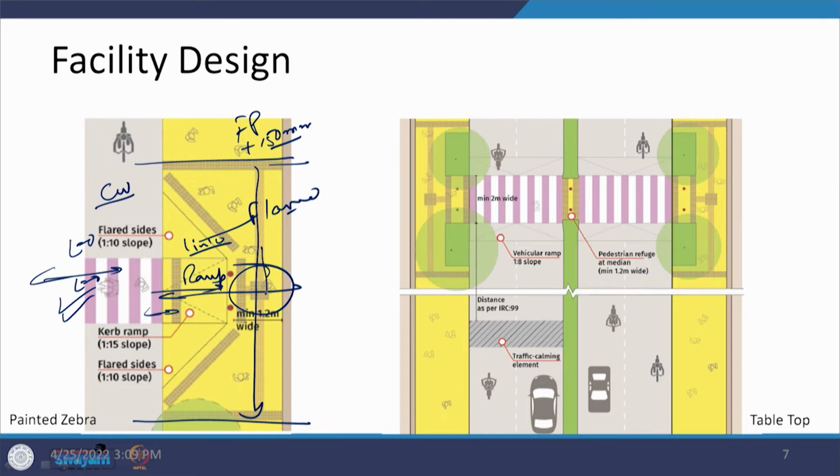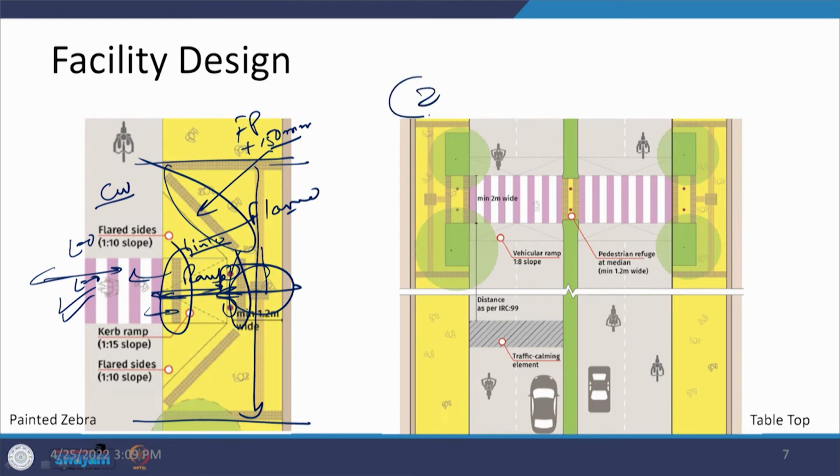So, the person, if desirous to take a turn, can take a turn, again the set of tiles and the bollards are there, and then we are going on a ramp, and when they get to the carriageway, again the set of tiles are being provided. And because somebody can come in this direction wrongly, a set of tiles are also being provided just before the flare. So, they are being warned again and again in different forms. So, that is the type of design or type of facility that needs to be provided.